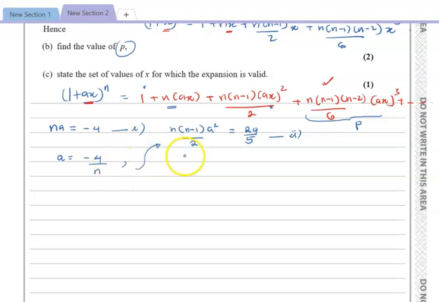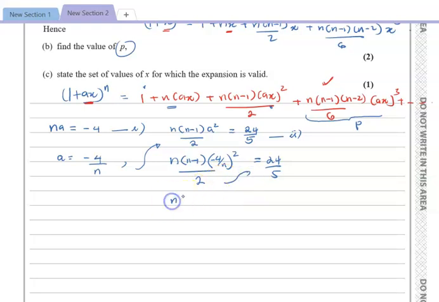So we substitute this into the second equation. We have n into n minus 1 into a, our a is negative 4 over n, all squared, all of it over 2. This equals 24 over 5. How will I solve this? I'm going to multiply by 2 on the other side.